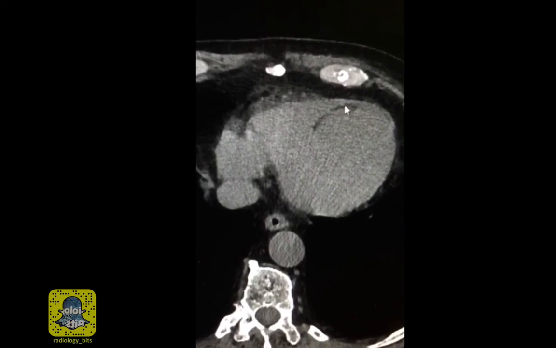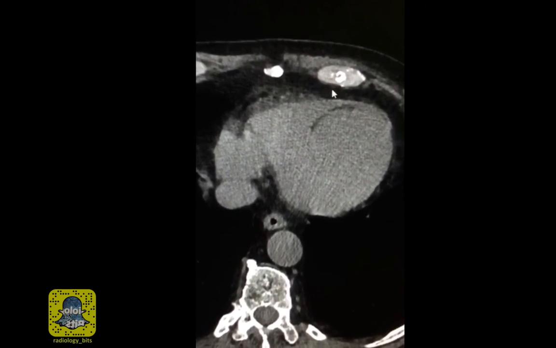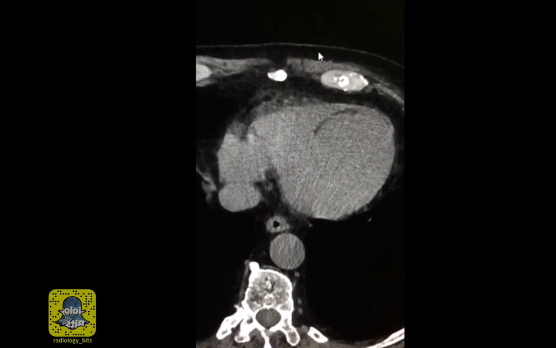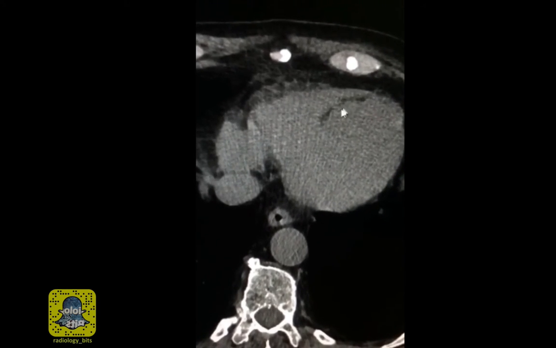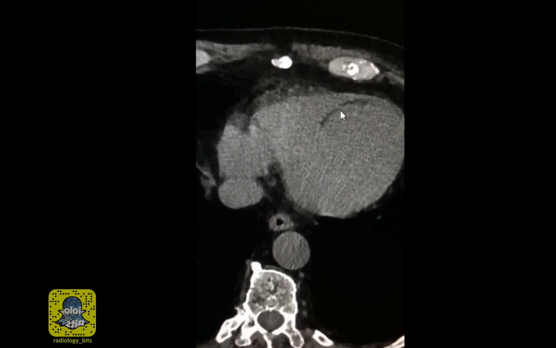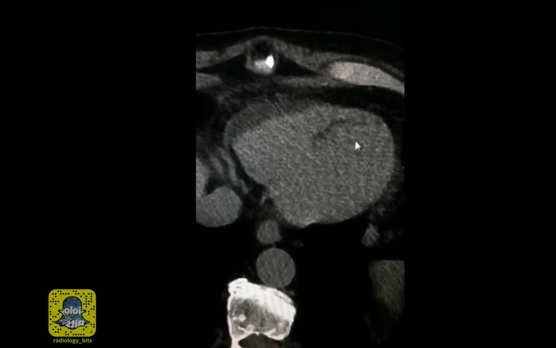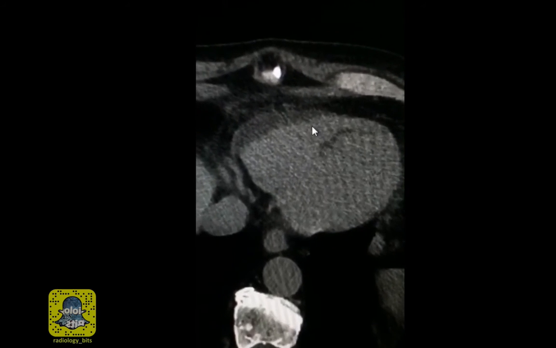The density of this abnormality is equal to that of fat here and fat here in the subcutaneous region. So this is fat within the myocardium of the septum as well as the myocardium of the cardiac apex. And this is the reason you could partially differentiate the left ventricle from the right ventricle on this non-enhanced CT scan.